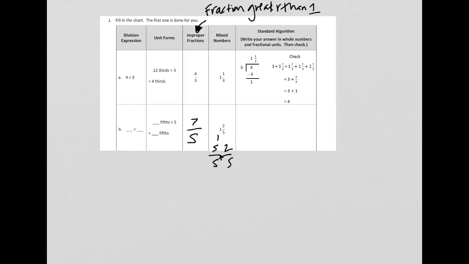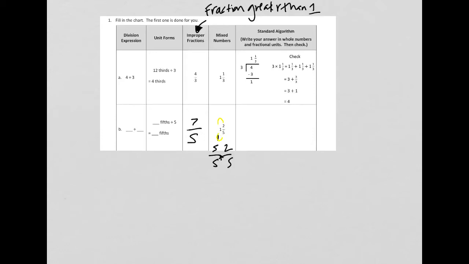You see how I did that by taking that 1 and turning it into 5/5? The shorthand of that is if you take the 5 and multiply it by the 1 and then add the 2, you get 7/5.